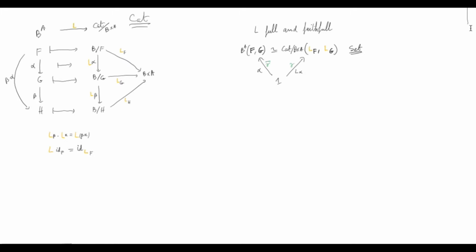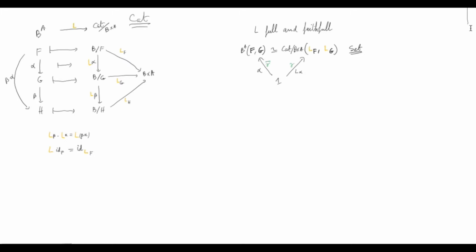Since it's post-composing, if we have equality L alpha equals L beta, we obviously have alpha equals beta when we consider the identity. So that entails it's faithful.